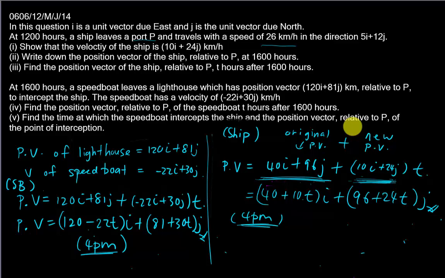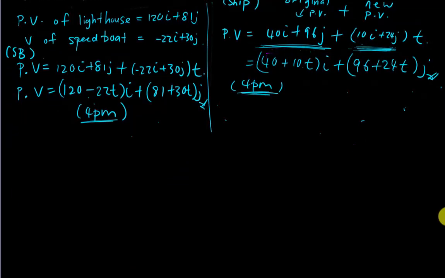In order to solve this kind of intercept question, the first thing is you have to understand what intercept means. In an intercept case, they must be at the same position vector, then only we call it intercept. If they intercept at 100i plus 200j, the ship is going to arrive at this place, and the speedboat also needs to arrive at this place, then only both of them can intercept.